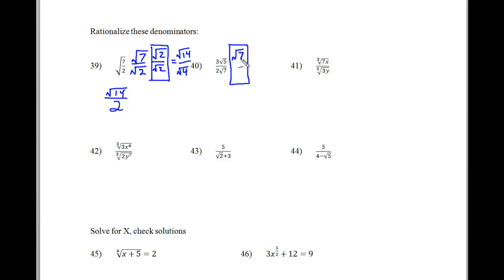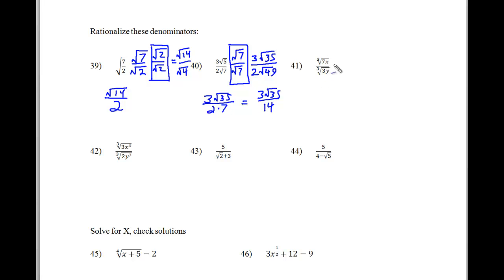So if we multiply the top and bottom by square root of 7, which is like multiplying by 1, this is going to be 3 times the square root of 35, because 5 times 7 is 35, and 2 times the square root of 49. This means my numerator is still 3 times square root of 35, but my denominator is now 2 times 7, because the square root of 49 is 7. So this gives me 3 square root of 35 over 14.